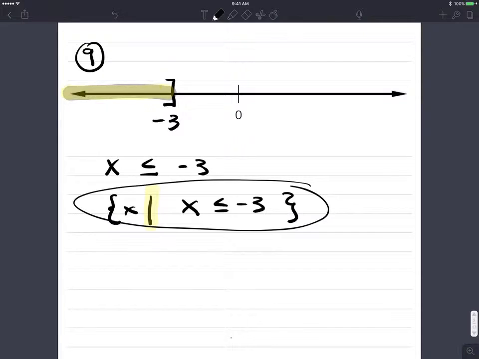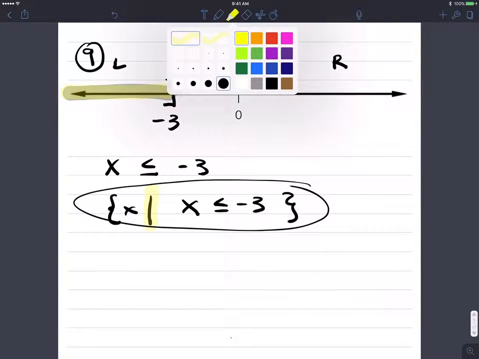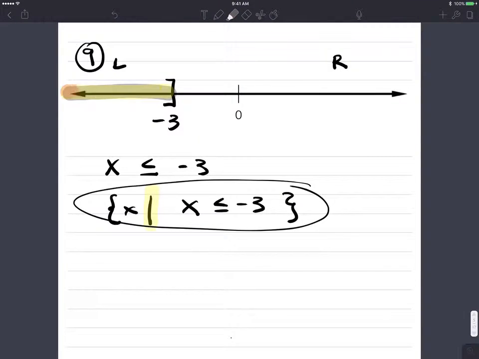Interval notation starts by describing the shaded region from left to right. All the way to the left, we have a shaded region. So we're going to start here by describing this as -infinity. And as we move to the right, we stop at -3 in terms of our shading.